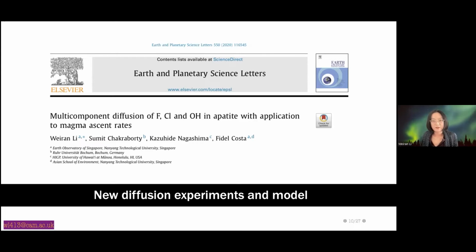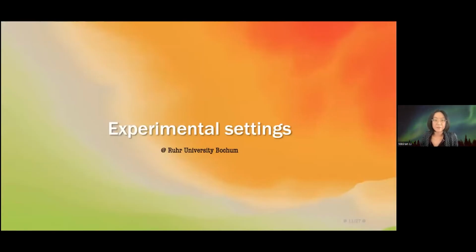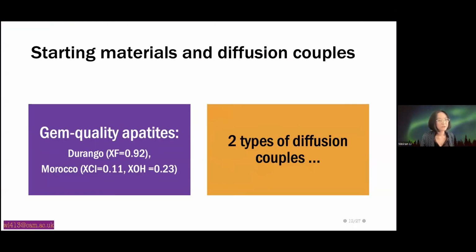Now I will start to talk about how we did these experiments, and hopefully this will be useful for whoever wants to do more experiments on apatite or other minerals. These experiments were all conducted at Bochum. We used two types of gem quality apatites as starting materials.